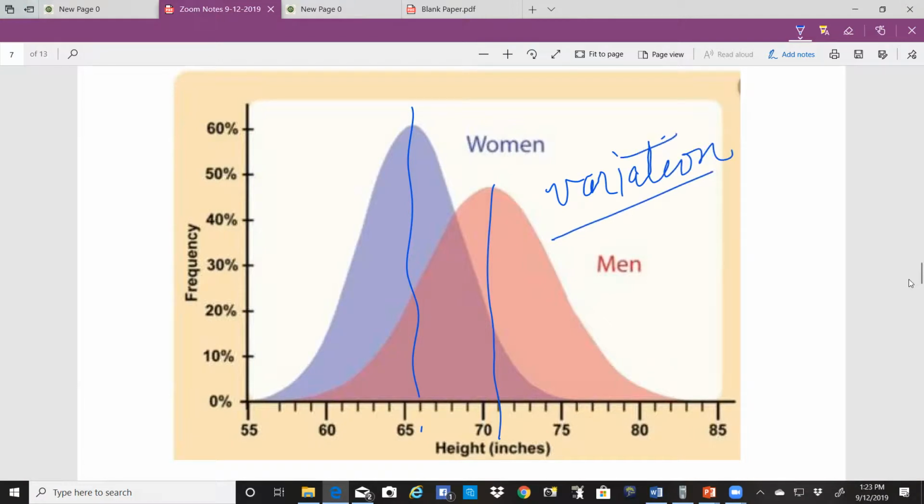Has anybody heard of the standard deviation? That's one thing you're going to have to calculate. And I'm going to show you how to calculate it in a minute and sort of emphasize the fact that you need to have a very good calculator that can do this.